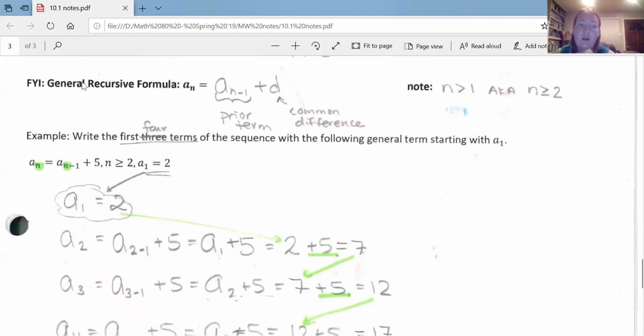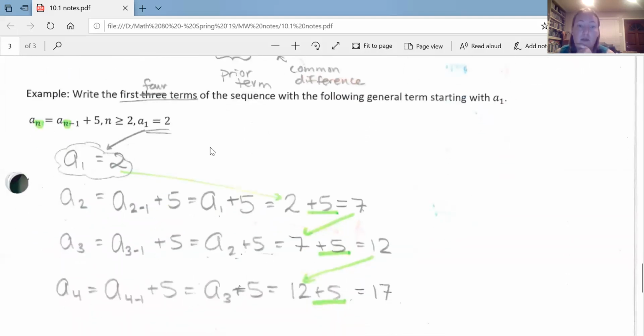We also have this thing called a recursive formula, and that's where you take a prior term. So you go backwards, that's the recursive aspect, and then you add in the common difference. So that requires some other information to be given to you. So if you are told here a sub n equals a sub n minus 1 plus 5, it's saying your prior term, because that's 1 less, your term minus 1, the prior term, plus 5.